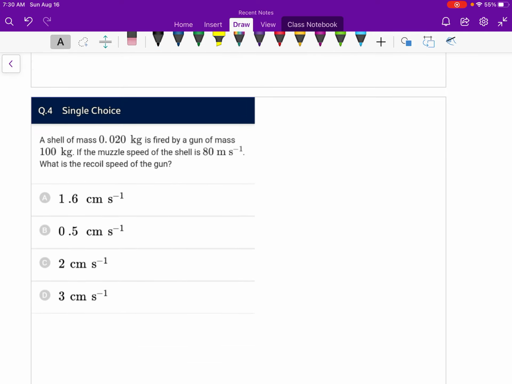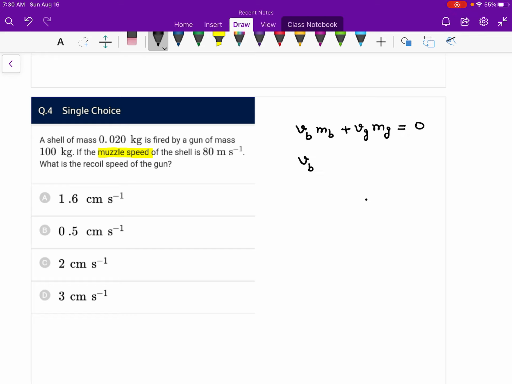Shell of mass m is fired from a gun with muzzle speed. Guys, muzzle speed means velocity relative to the gun. What is the recoil speed of the gun? So velocity of bullet into mass of bullet plus velocity of gun into mass of gun is equal to initial momentum, which is 0.